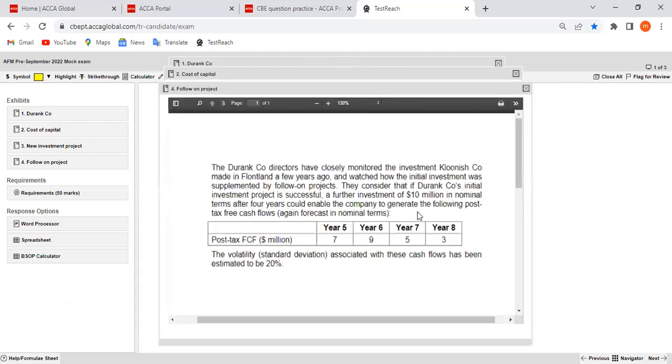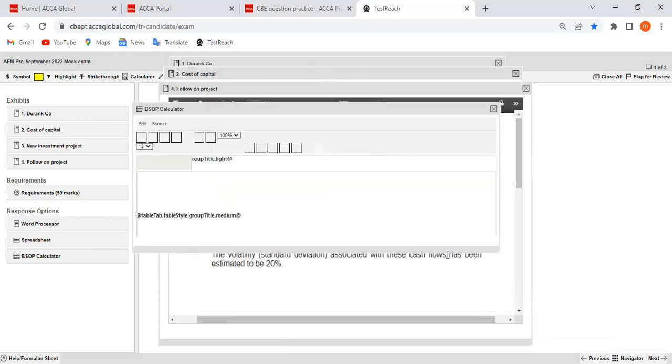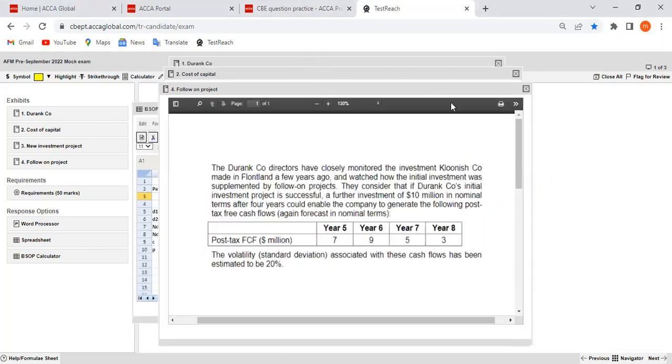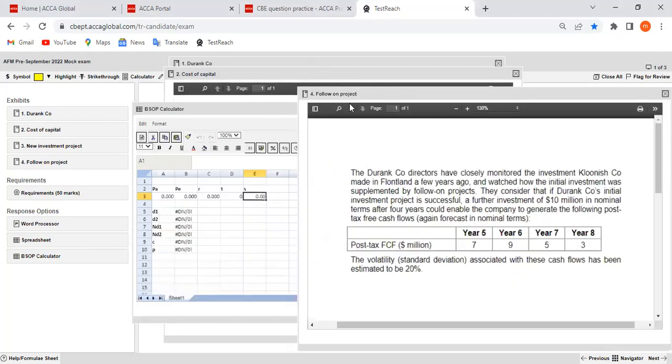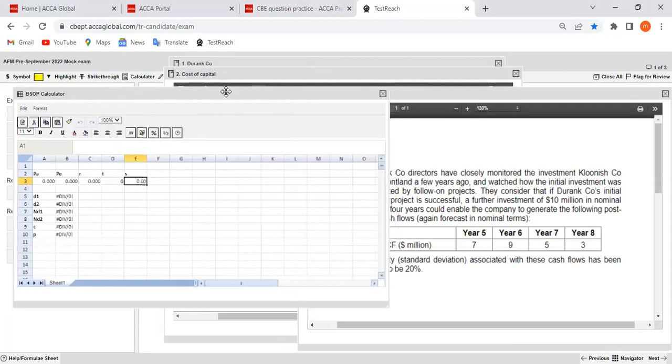See now, guys, this is the follow-on project data that has been given to you. Open your BSOP calculator. This is the BSOP. Can you see, guys?